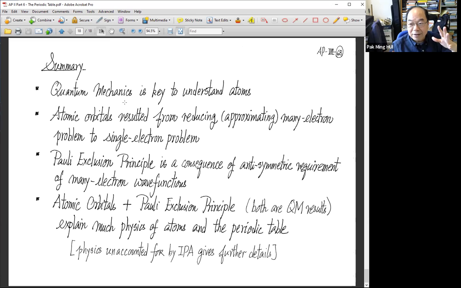I hope that you appreciate the goal of our course. In the first part, we introduced some perturbation theory, writing things in a big matrix, variational principle. Then we move on to discuss atoms.